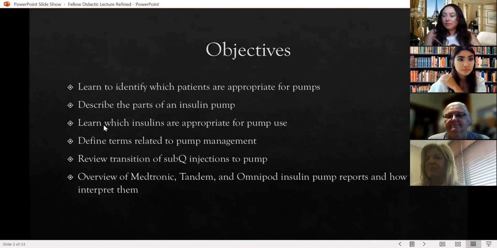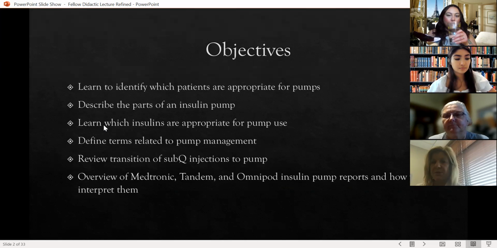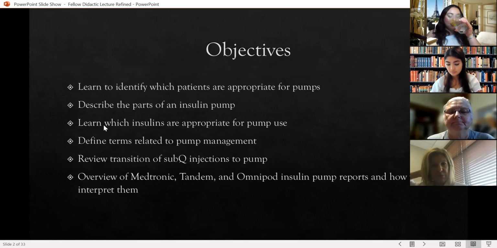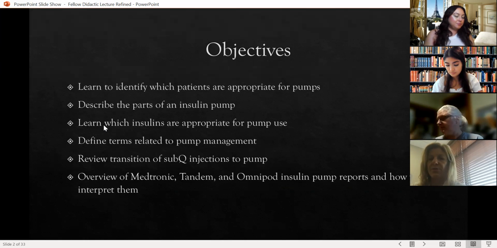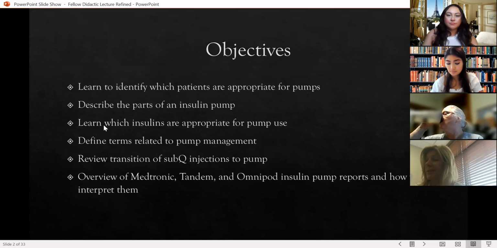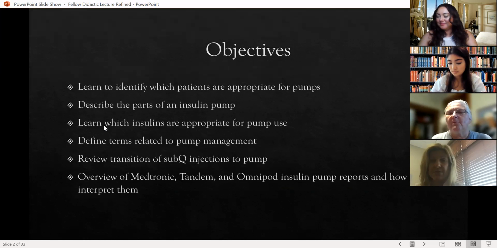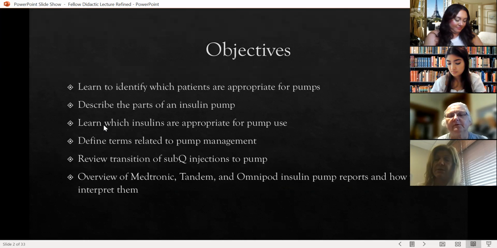And then transitioning from regular subcutaneous injections to pumps, and then just trying to give you some of the different pumps that we predominantly see here in our clinic and would be out in your population as well. Not really going to get too much into interpreting the reports, but showing you a few of them because the interpretation process is very long and detailed. Next slide.